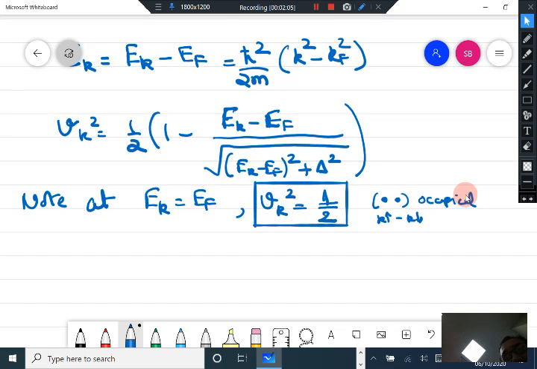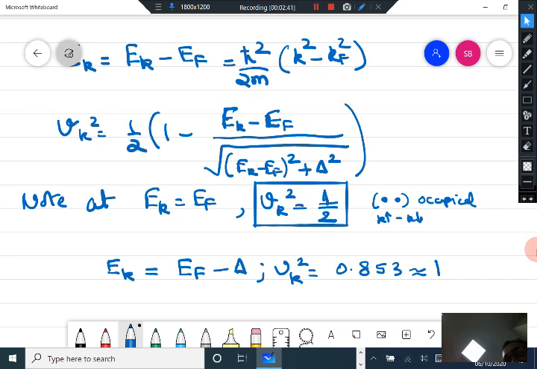That's interesting. And what you can see is that if you take Ek equal to Ef minus delta and put it into the expression, you will get Vk square approximately equal to 0.853, which is approximately close to 1.